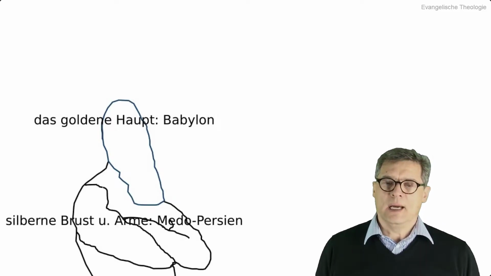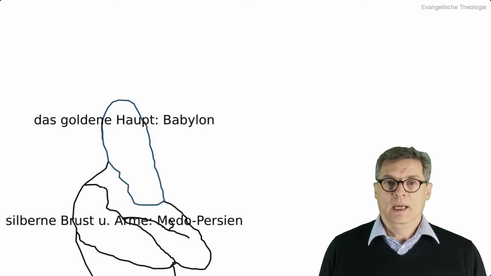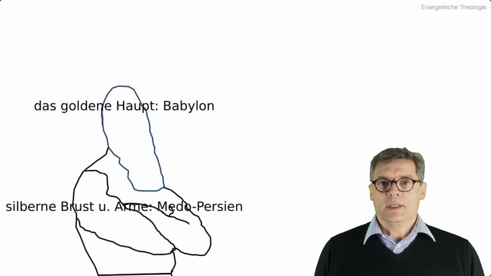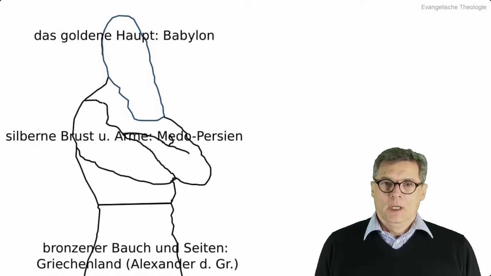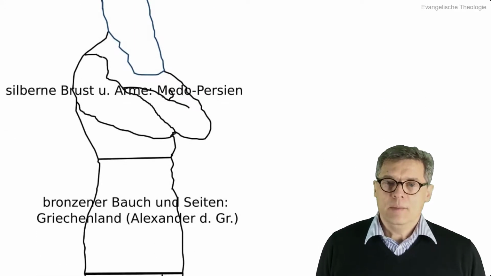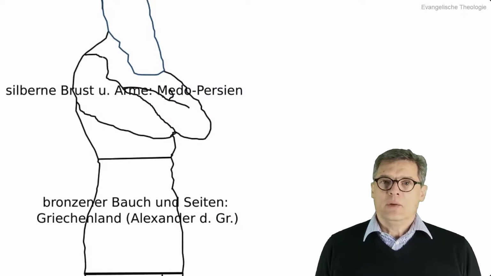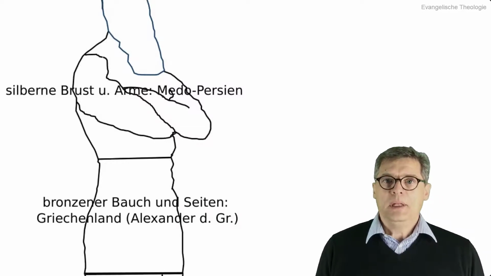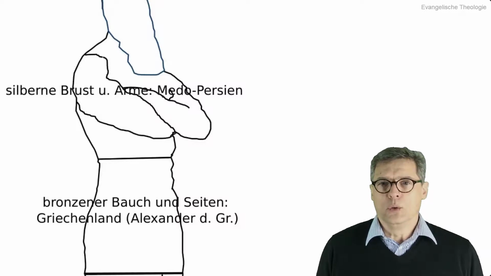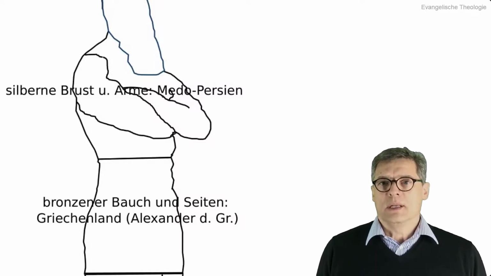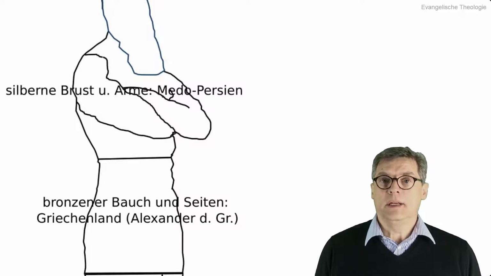In the course of the prophet Daniel, there are also other images and visions, and we can safely assume that Medo-Persia represents the silver part of the statue, the silver breast and the 2 arms, because Medo-Persia succeeded Babylon. This was the Medo-Persian double empire that followed the Babylonian empire.